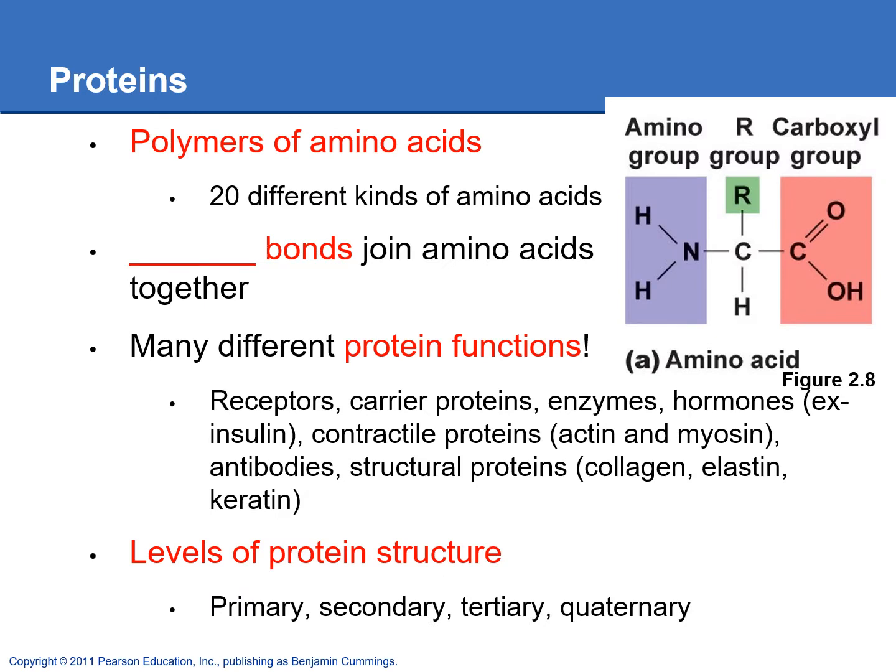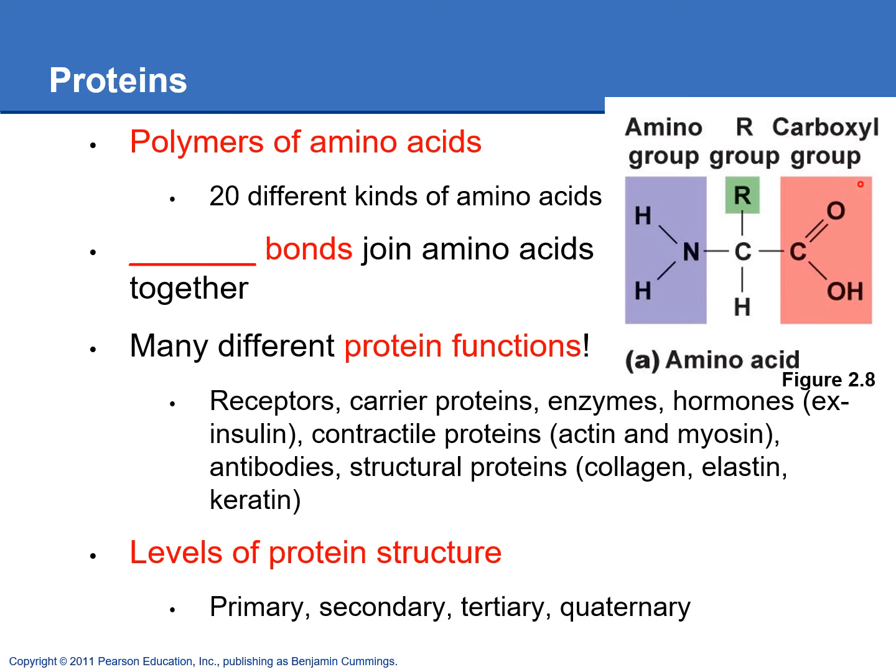Okay, proteins. Proteins are polymers of amino acids. Amino acids are the monomer, the little building block, and we're just going to join those together to make our protein. So an amino acid, pretty easy to recognize. They have this central carbon, and attached to that they've got an amino group, so that's where amino acid came from. And then on the other end they've got this carboxyl group.